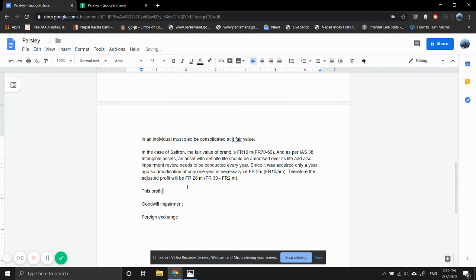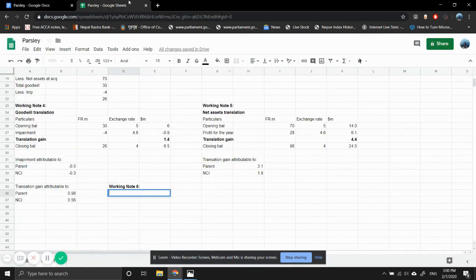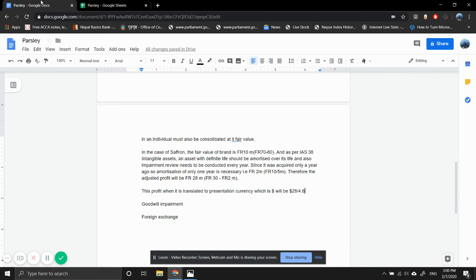This profit, when it is translated to the presentational currency, which is dollar, will be 28 divided by 4.6, right? Isn't it? It will be 6.1.